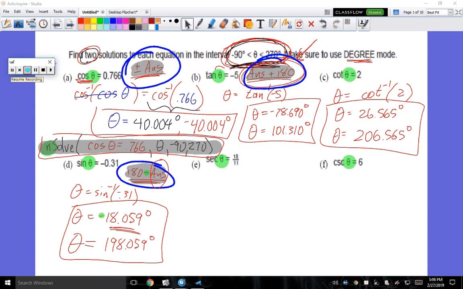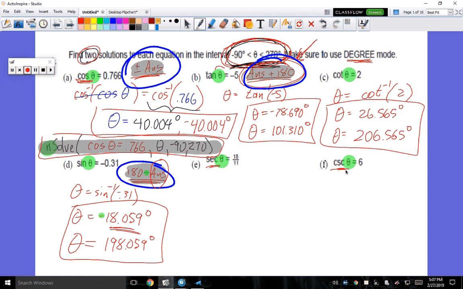Okay, so let's keep going and now move on to E. So E says the secant of theta is equal to 18 over 11. So the secant does have vertical asymptotes, so does cosecant. All of these do except sine and cosine. So we're going to have to use what we know with cosine, that we're going to have this positive and negative interpretation with secant.